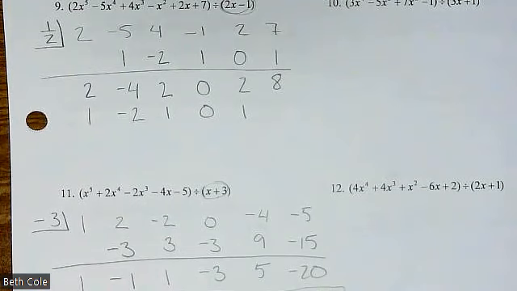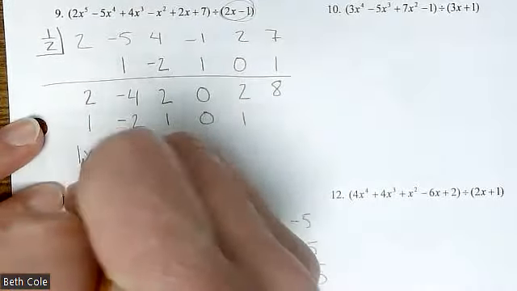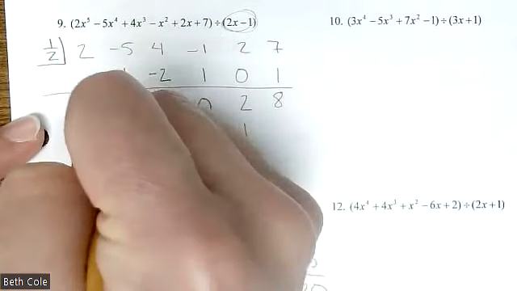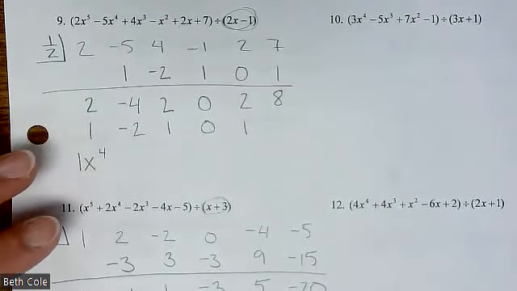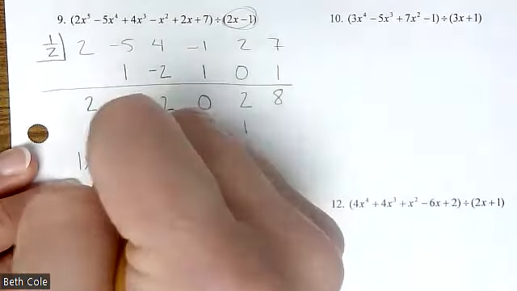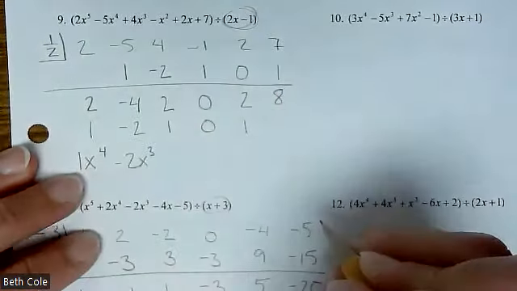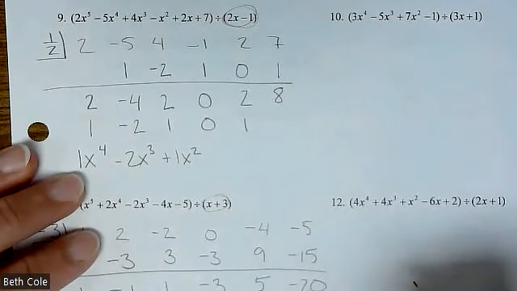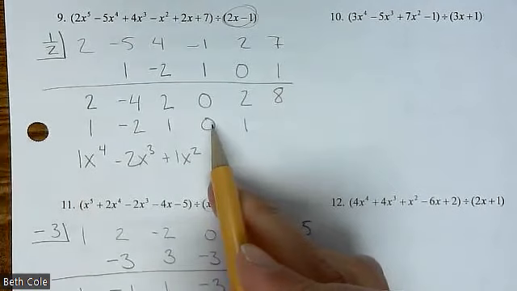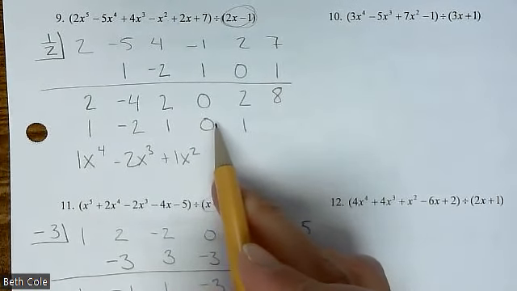Yeah. Now we're going to put our x's back in. It's like the final answer. We're going to start with 1x to the what? Good. Now, if you're racing ahead of me, that's cool, but hold on because there's a 0 in this one. It would be -2x to the 3rd plus 1x squared and plus 0 x's.